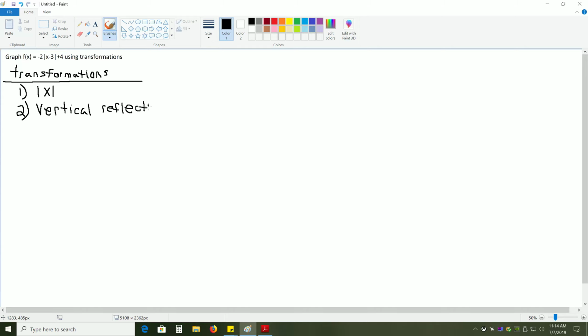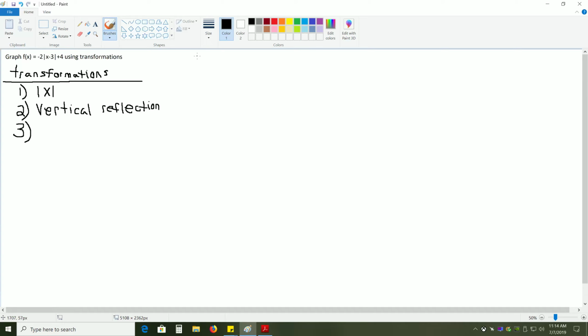Whenever you see that negative on the outside of your function, that's telling you to take the entire graph and flip it vertically over the x-axis. From here, we had that 2. So we've taken care of the negative that we're multiplying by. Now the 2.